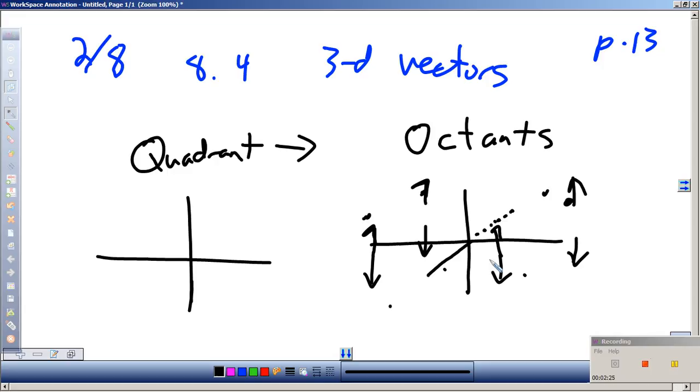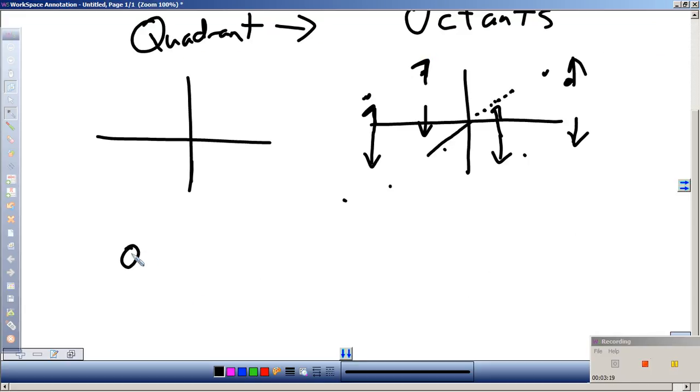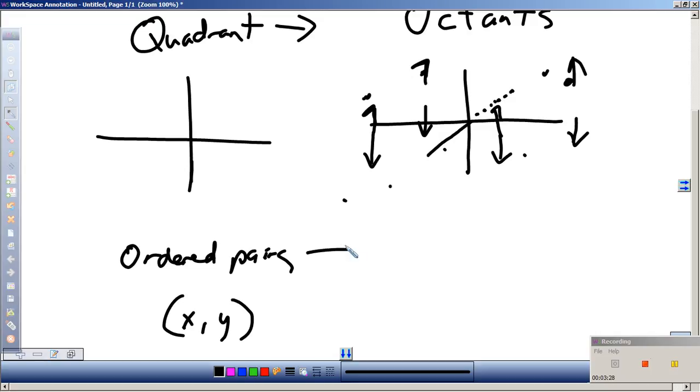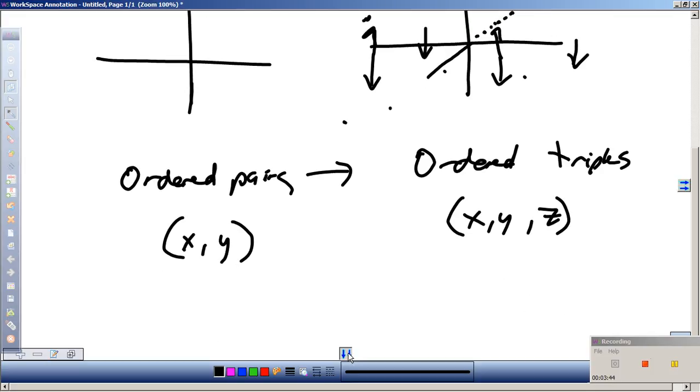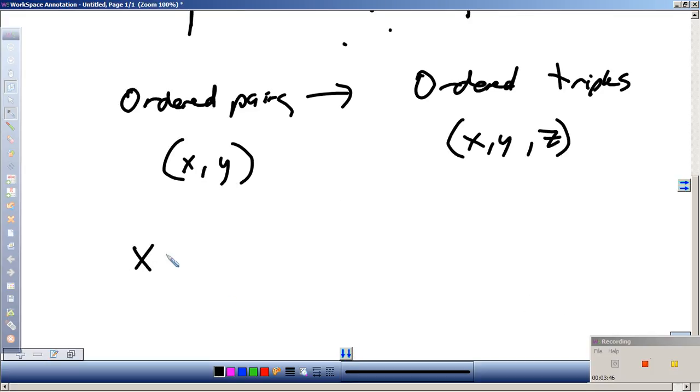Now, dealing with graphing, we started with ordered pairs, which gave us something like x, comma, y. When we deal with 3D graphing, we have ordered triples. We get x, comma, y, comma, z. We might say the xy axes.